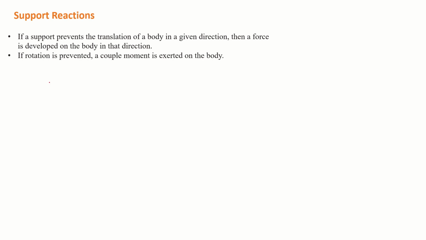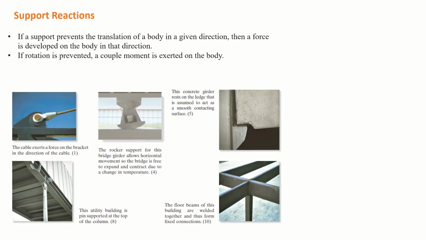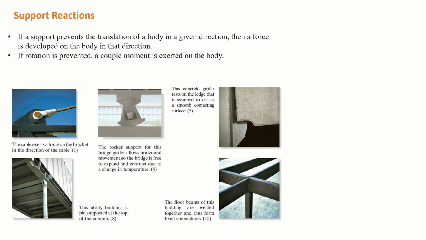So now we are going to discuss the support reactions. There are two types of support reactions. The first one is the support which prevents the translation of a body. So translation means the horizontal motion or vertical motion.